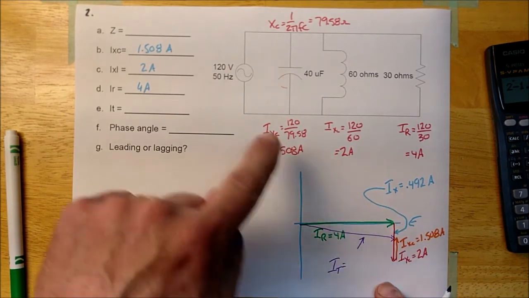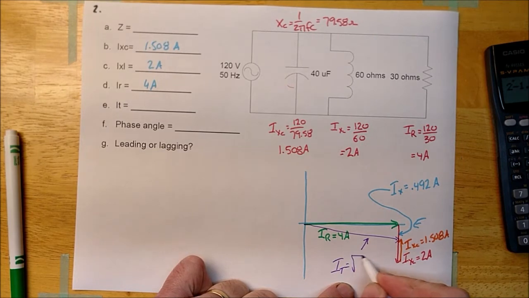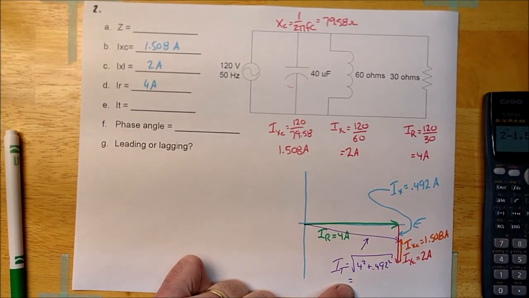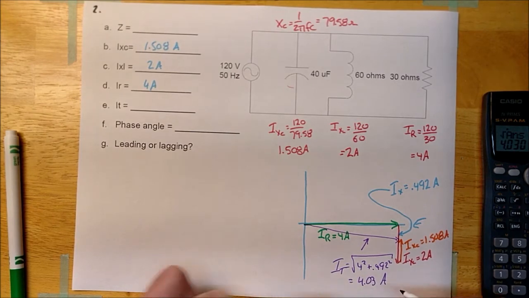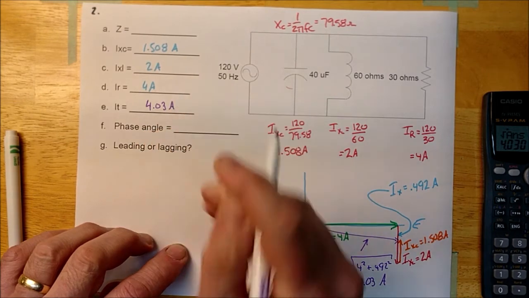The phasor sum of all the currents is going to be equal to the square root of 4 squared plus 0.492 squared, which equals root 4.03 amps. All right, so that's going to be this 4.03 amps.